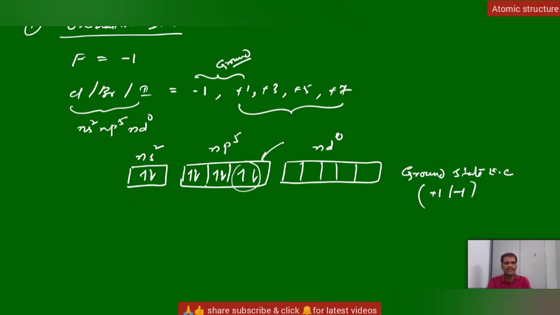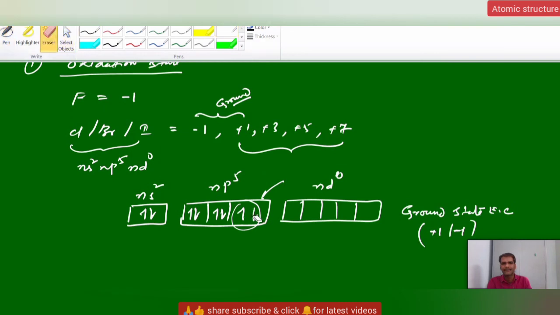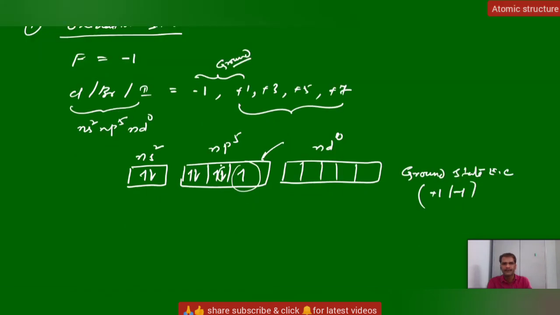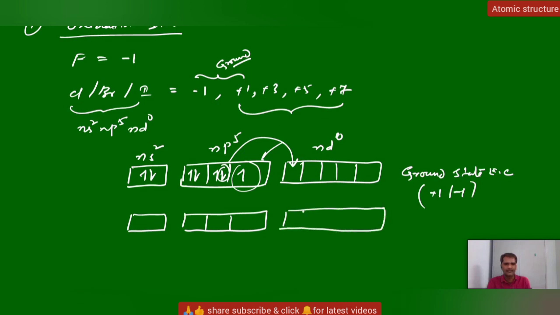Then to show the +3 oxidation state means what? It should form 3 bonds, and to form 3 bonds, we require 3 unpaired electrons.